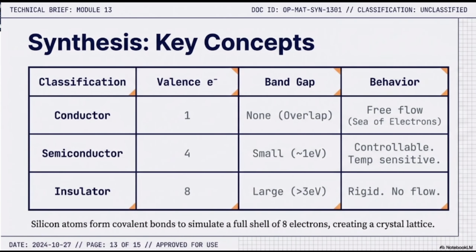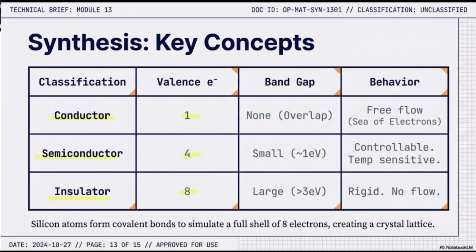So far, we learned a couple of important things. First of all, the number of electrons in the valence shell shows you what kind of material it is. Is it a conductor? It only has one electron in the valence shell. Is it a semiconductor? It has four. And if it is an insulator, it has eight. Another thing we learned was about the band gap.